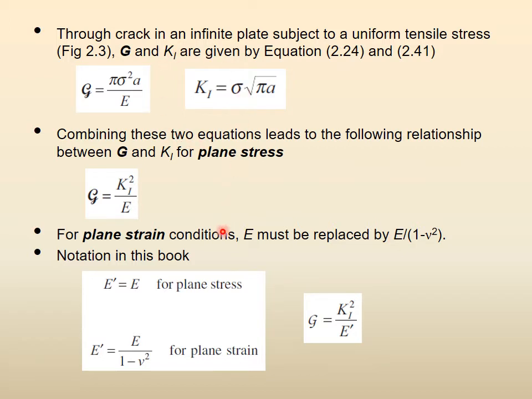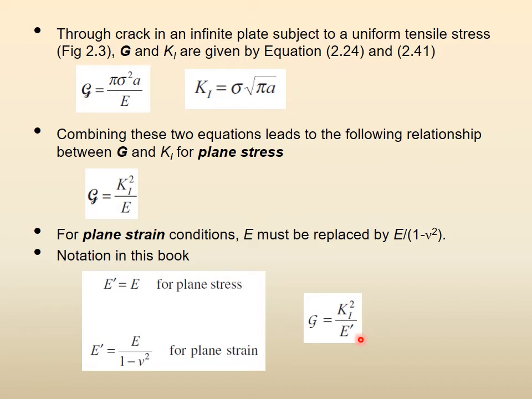But if in some practical situation we know that plane strain applies, plane stress does not apply, then instead of E, write E upon 1 minus nu square. This is basic theory. This is not fracture mechanics only. If we want to move from plane stress to plane strain, then the elastic modulus will change like this, right?